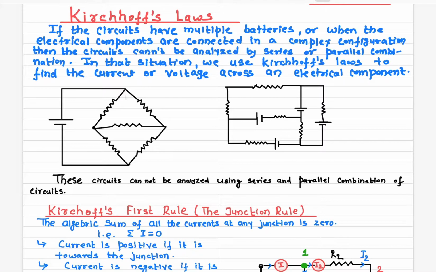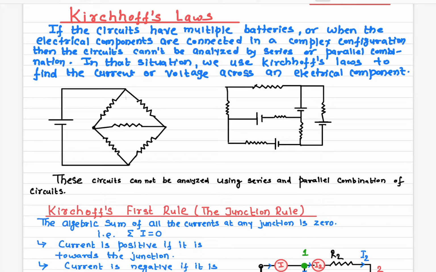In this video, I will talk about Kirchhoff's law. When do we use Kirchhoff's law? There are many situations where you cannot solve the problem either by using series combination of resistors or parallel combination of resistors.